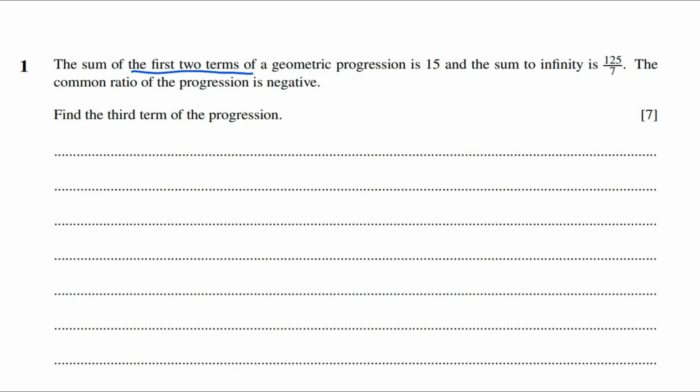The formula to find the sum of the first two terms is S2 equal to A multiplied by 1 minus R to the power n, that is 2, divided by 1 minus R. The sum of the first two terms is equal to 15.